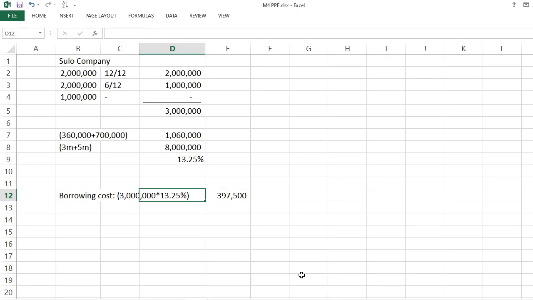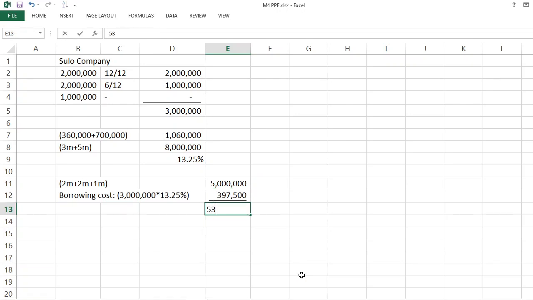Borrowing cost pa lang ni siya. Ang cost yun nato principally sa pag-construct sa building was the 2 million plus another 2 million on June plus the 1 million in December 31. Therefore, we have a total of 5,397,500 cost of the building.